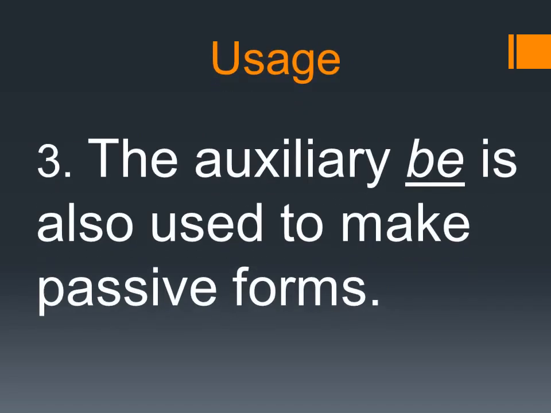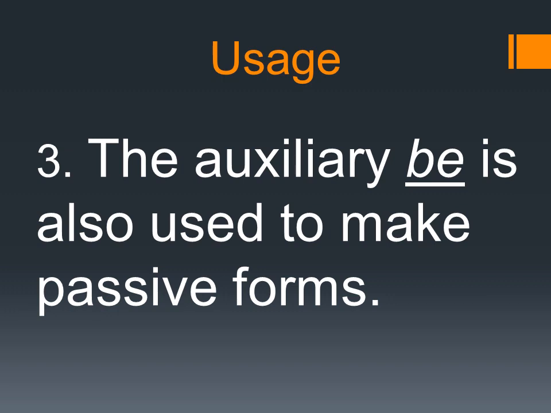The auxiliary be is also used to make passive forms. You might have done active and passive voice in grade 5th. Still I would like to give you an example. For example, if I say the farmer grows crops, the crops are grown by the farmer, where the doer of an action becomes passive, that is passive voice.